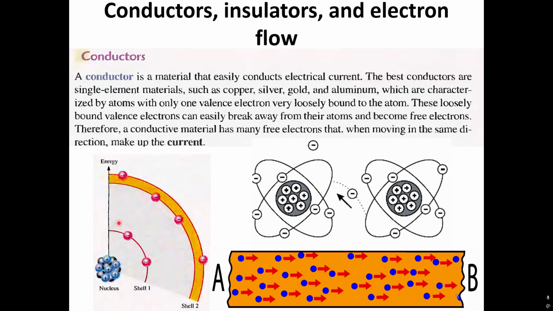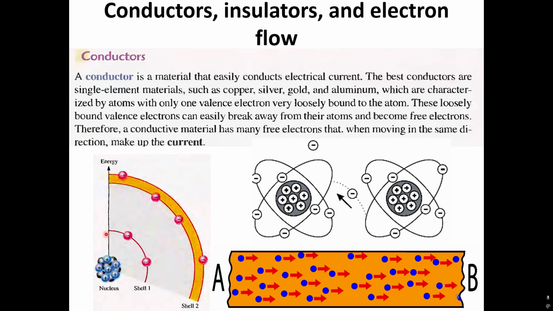So this is the last or extreme orbit. The electron in this orbit is very loosely bound to the nucleus.